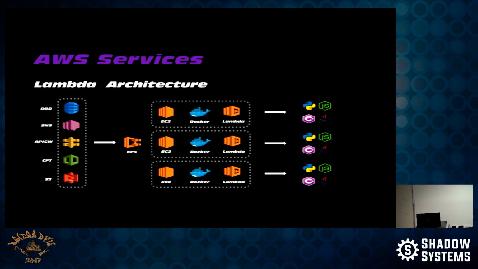So from the outside looking in, you're thinking it's Lambda, it's code. What's really underneath it, based off some of the research that I've done hands-on and reading around, is that this actually resides in Amazon's ECS, which is the Elastic Container Service.